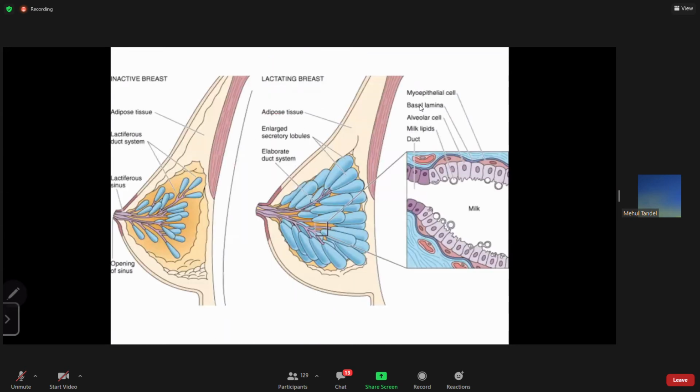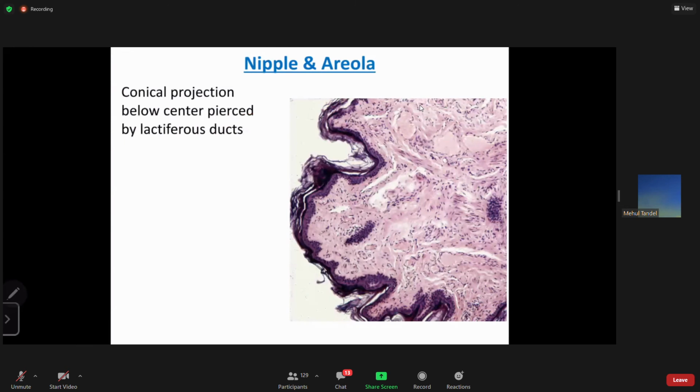Now that's the structure of the nipple and areola. Clear? Did you understand the difference? What is the difference between the resting mammary gland and the active or lactating mammary gland? Just remember, the resting mammary gland has more stroma, less parenchyma, and proper alveoli are absent.